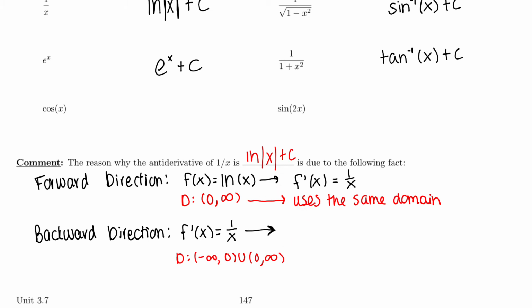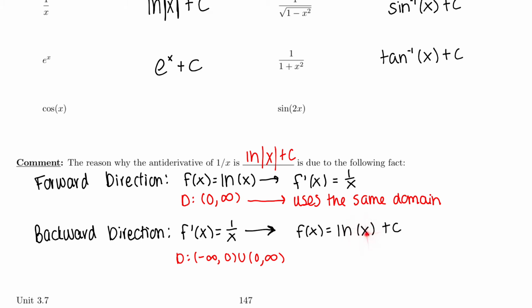Now, it would make sense that this function should have an antiderivative for this negative portion as well, right? But if our antiderivative was just ln x, like this, I'll put a plus c, you know what, for good notation.